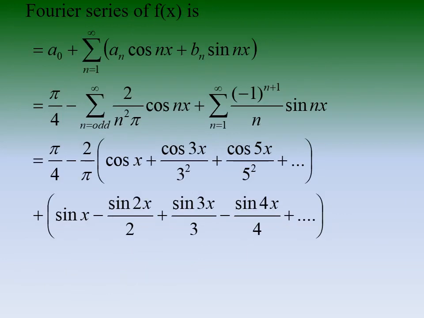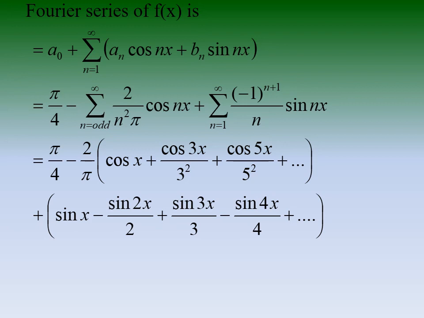So the Fourier series of f of x is equal to, we know the values of a naught, a n and b n. If you substitute here, it is equal to pi by 4 minus summation n is equal to odd of 2 by n squared pi into cos nx plus summation n is equal to 1 to infinity of minus 1 whole power n plus 1 divided by n sin nx.